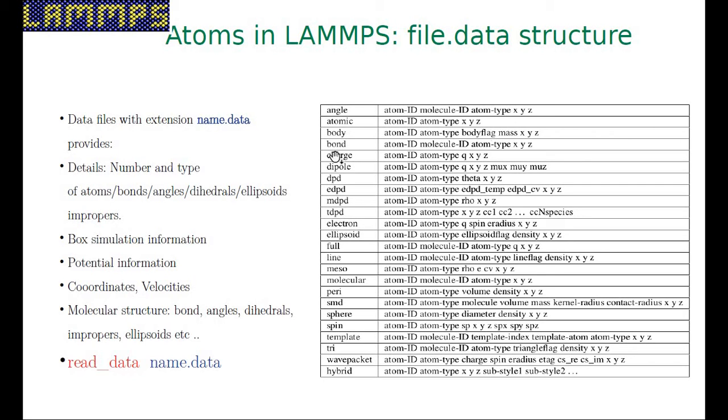Similarly, the bond atom style uses atom ID, molecule ID, atom type, and the coordinates. Ellipsoid: the atom ID, the atom type, the ellipsoid flag, the density, and the coordinates.